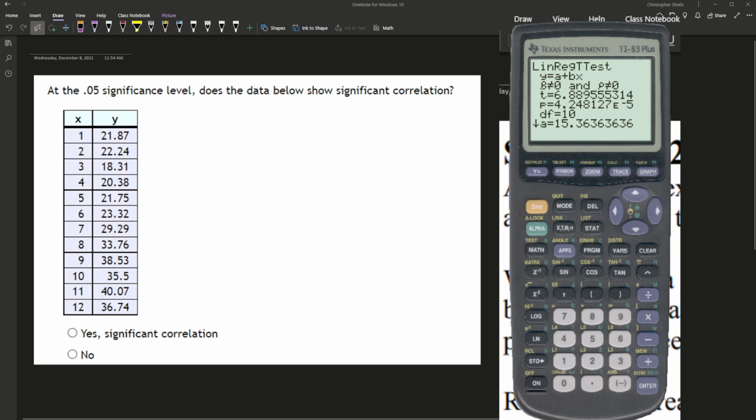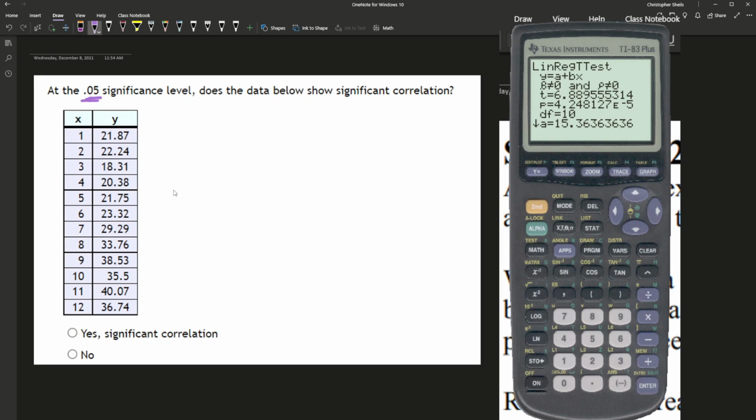Notice that the LinReg t-test gives us a p-value. This p-value is really small, right? 4.248 times 10 to the negative 5 is our p-value. So in this case, this p-value is way smaller than the alpha value that we were given.